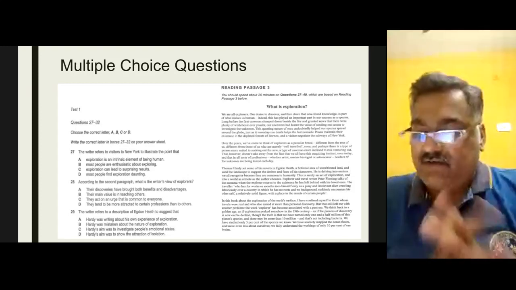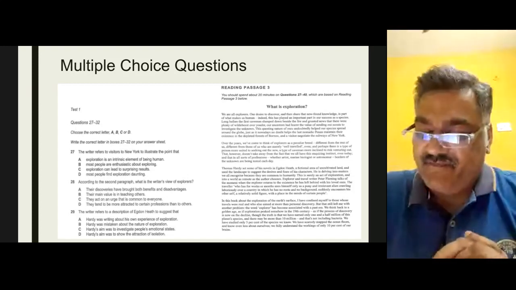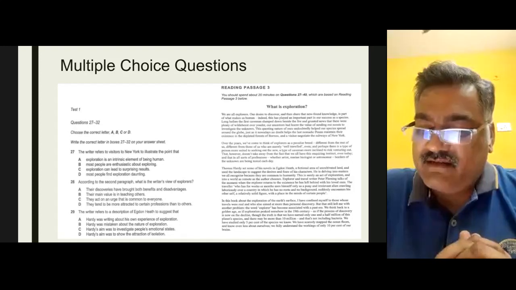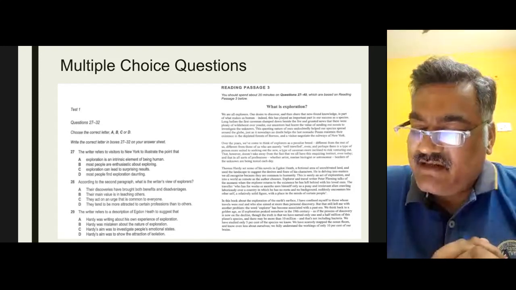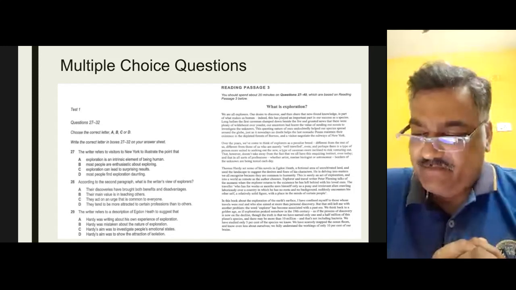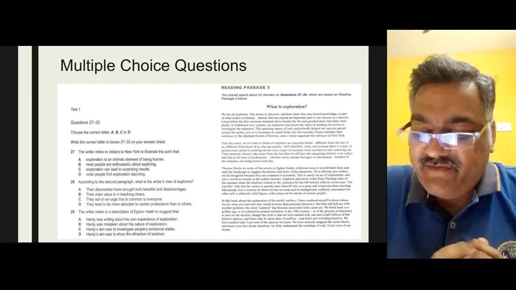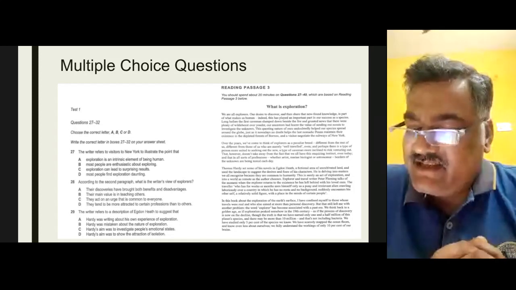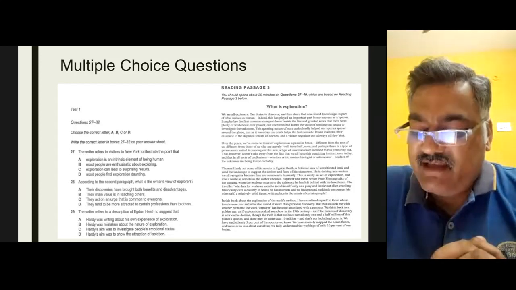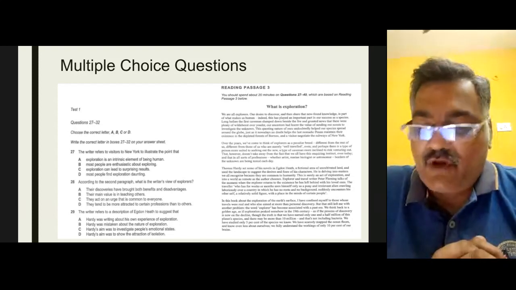Anyway, so coming over here, let's look at question 27. The writer refers to visitors to New York to illustrate the point that, then he has given us some options.